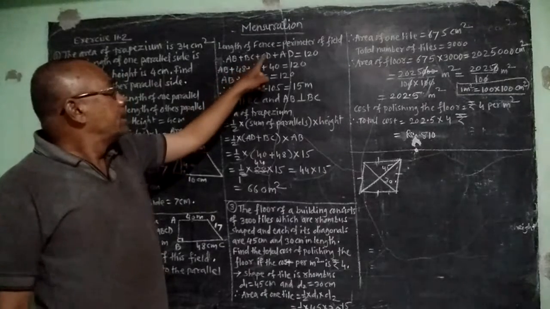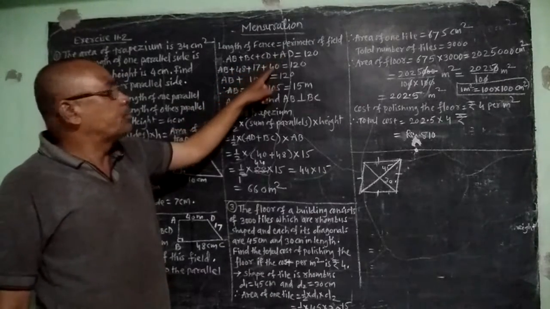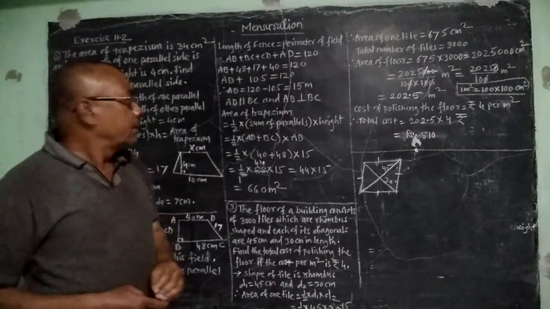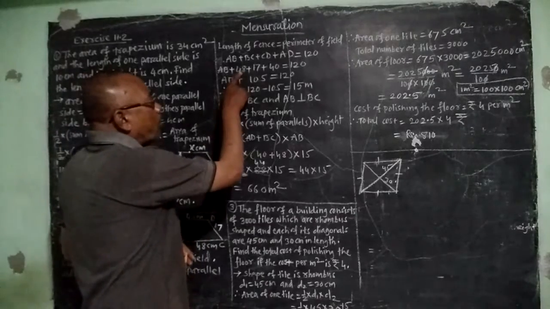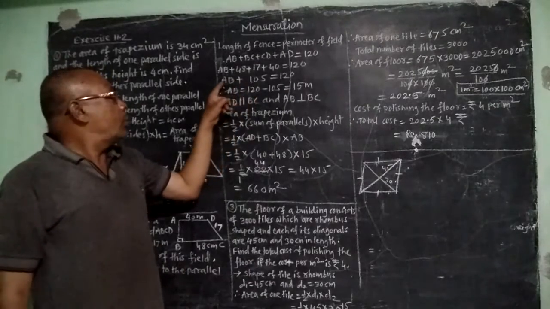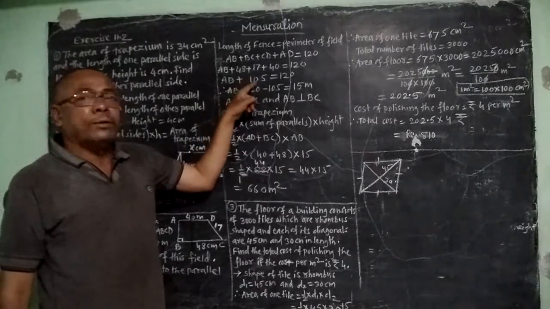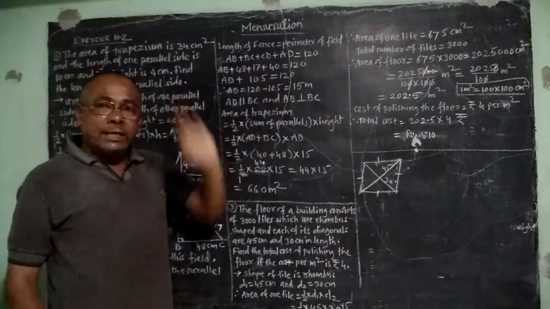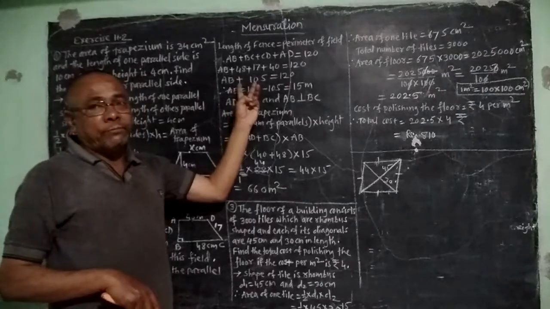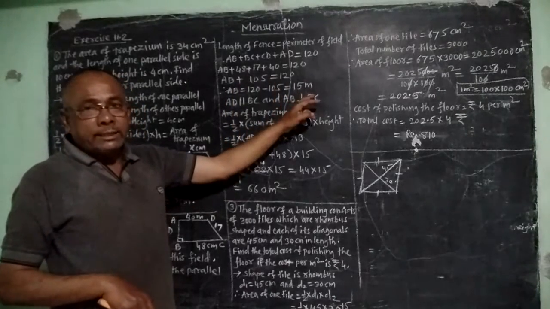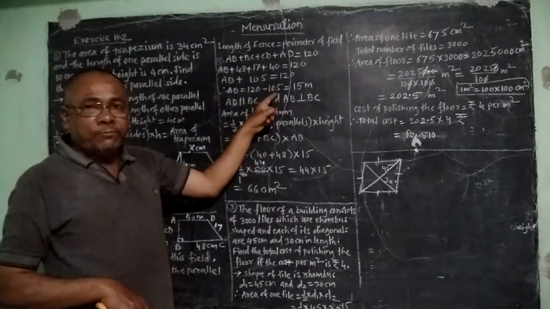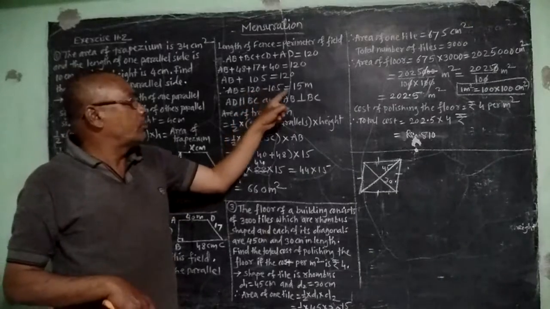BC is 48, CD is 17, and AD is 40, and that is equal to 120. Now after addition of 48, 17 and 40, we get the sum 105. So AB plus 105 is equal to 120, and therefore we transpose 105 to the right side. So we get AB is equal to 120 minus 105, and that is equal to 15 meter.